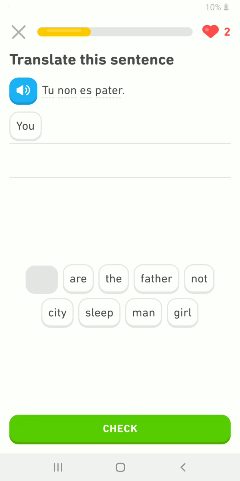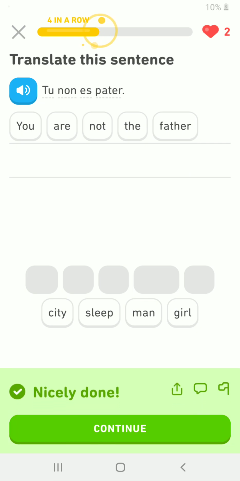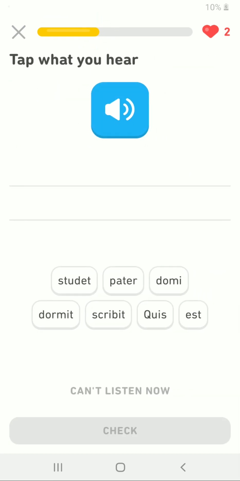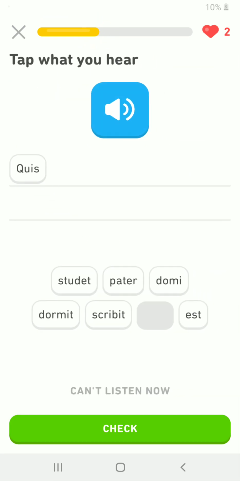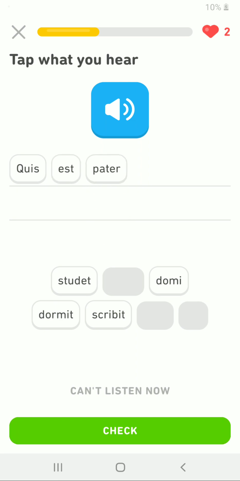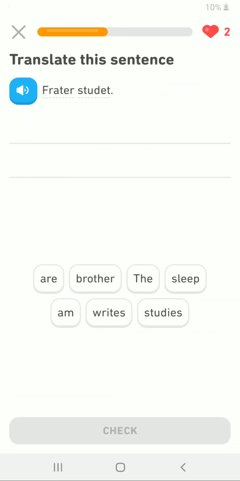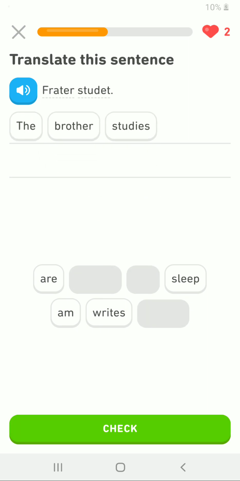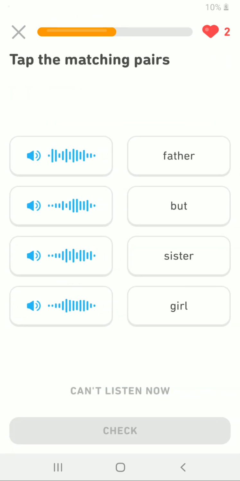Non es. Quis est pater? Est. Frater studet. The brother studies, of course. Studet. And pater.